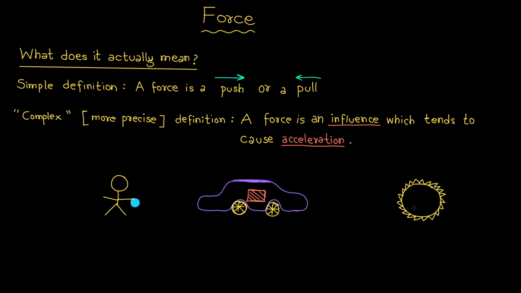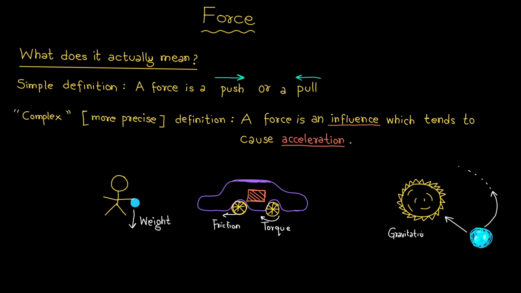The third is the sun exerting a certain type of force on the earth, and let's see if you can remember what this is. So the person lifting up the mass is basically applying weight. The torque is the turning force of the wheel, and the friction is the force between the wheel and the ground, and the sun exerts a gravitational force on the earth, causing it to rotate around the sun.